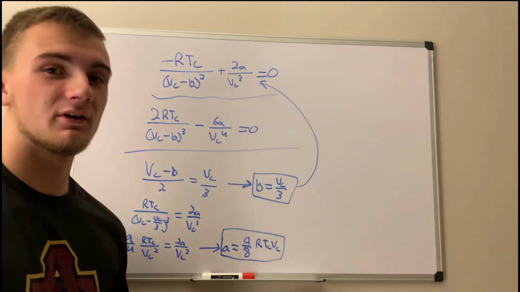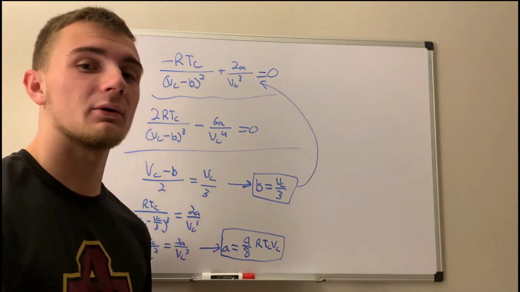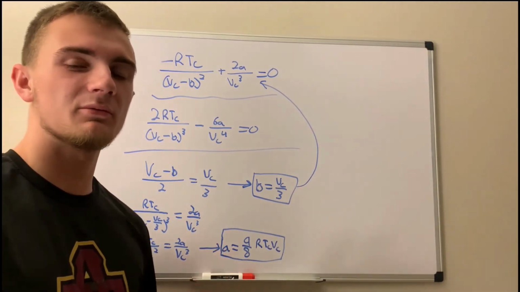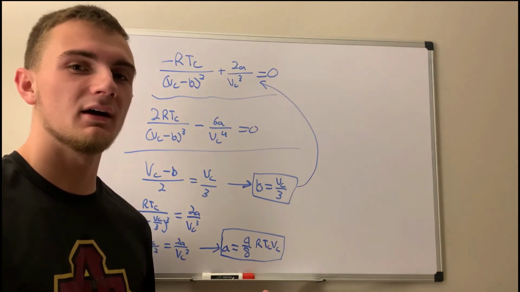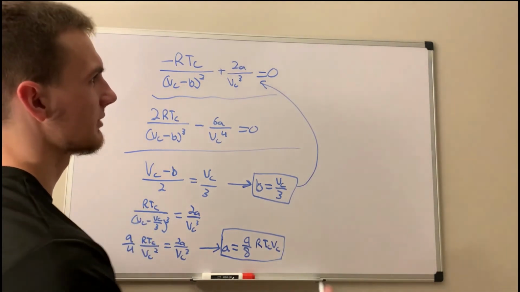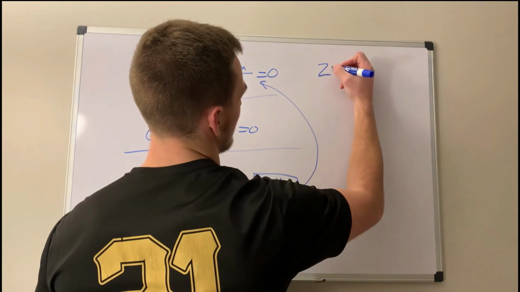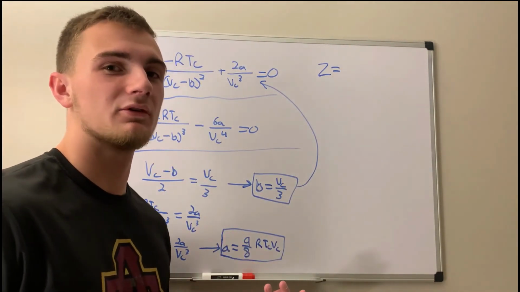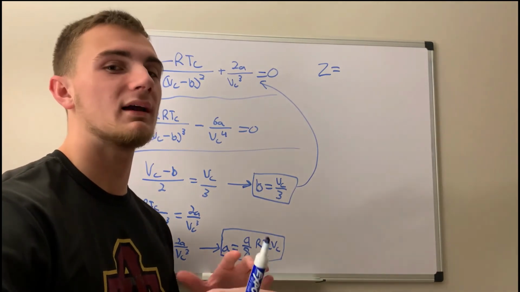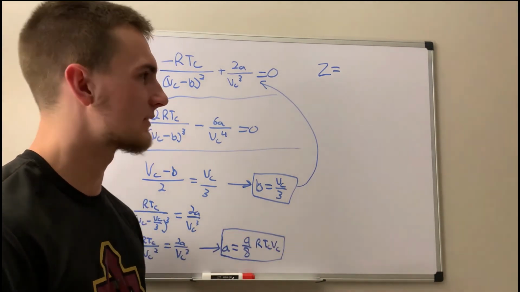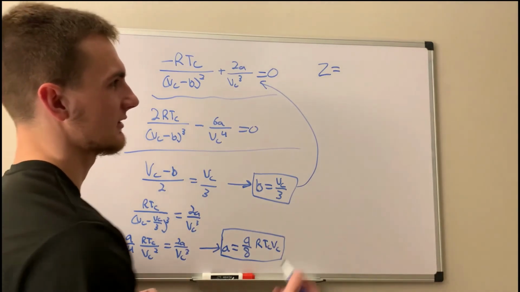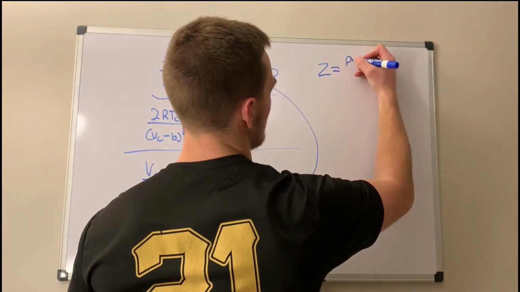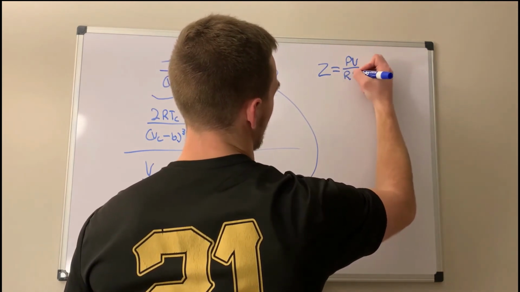Now there is one other thing that I would like to talk about at the end of this video, and that is the compressibility factor for a gas. The compressibility factor is something that is widely used in chemical engineering and can be used for a wide application of many things. The compressibility factor is denoted as Z, and Z is equal to PV over RT.